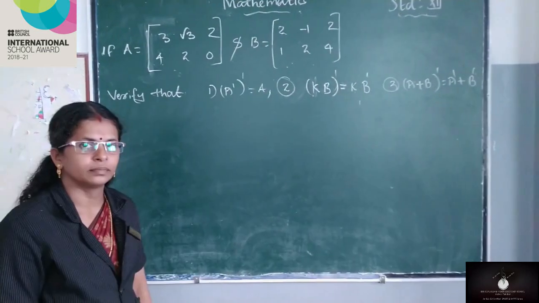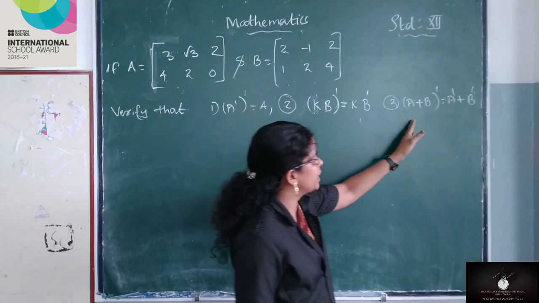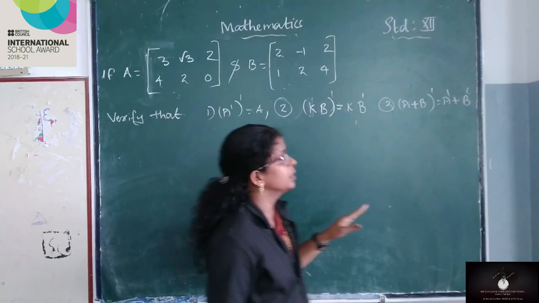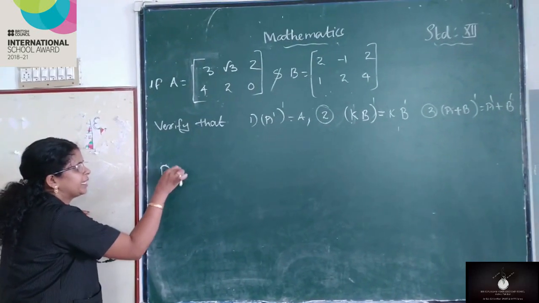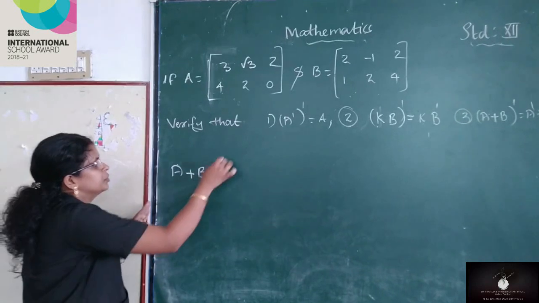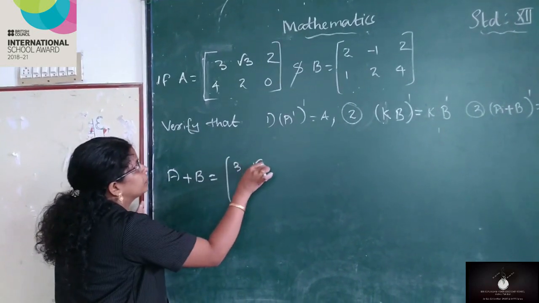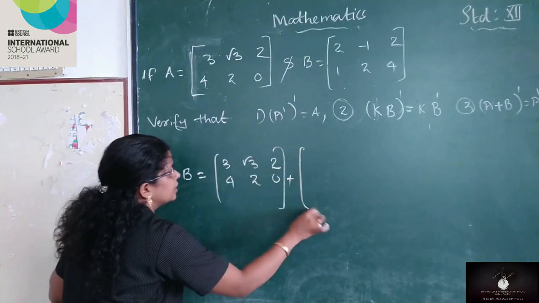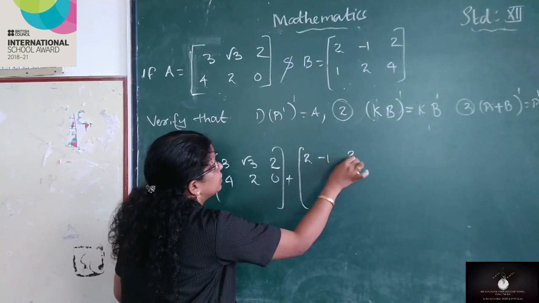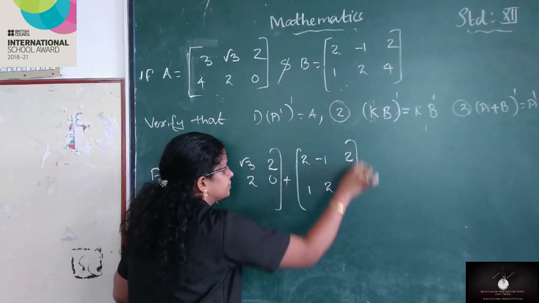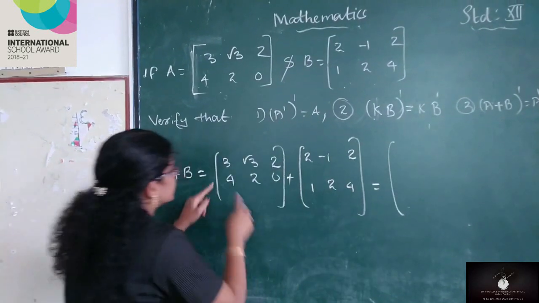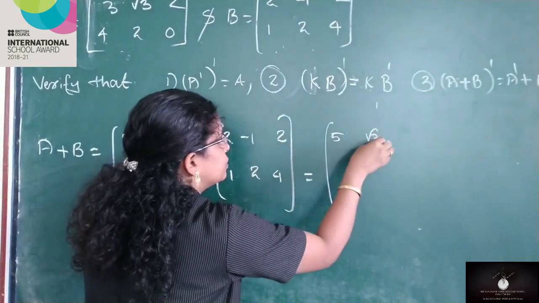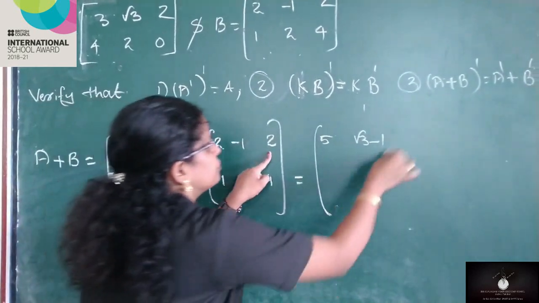The third question is A plus B whole transpose equals A transpose plus B transpose. First we have to find A plus B. A plus B equals the matrix 3, root 3, 2, 4, 2, 0 plus the matrix 2, minus 1, 2, 1, 2, 4, which is equal to 3 plus 2, 5, root 3 plus minus 1, that means root 3 minus 1, 2 plus 2, 4.